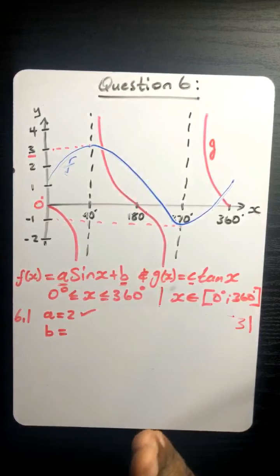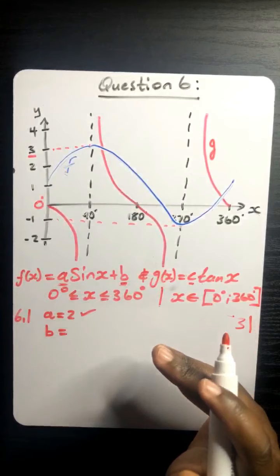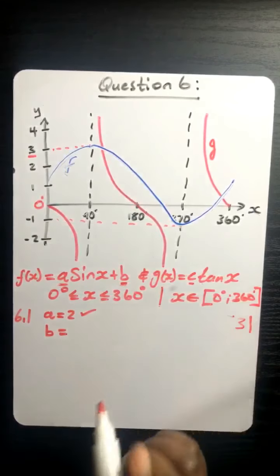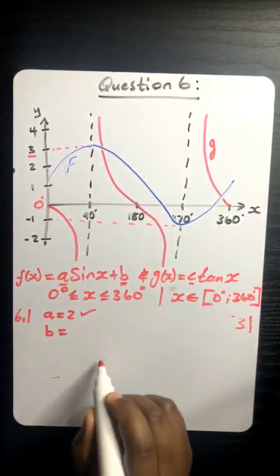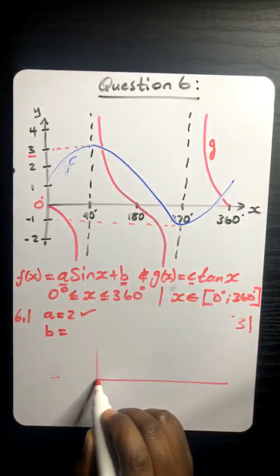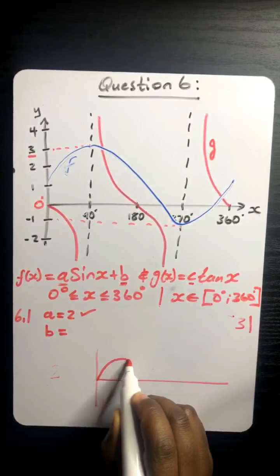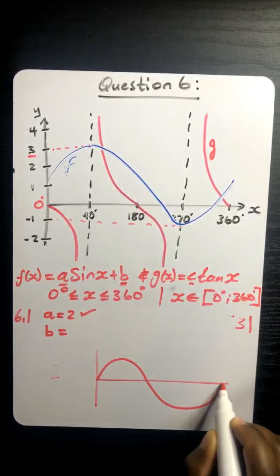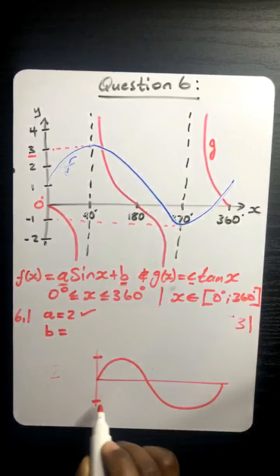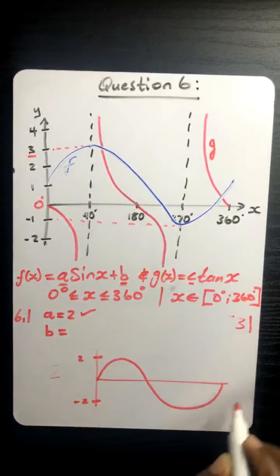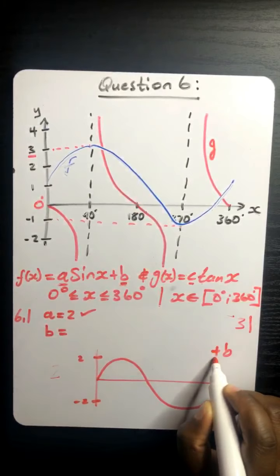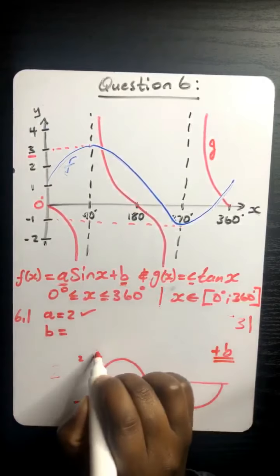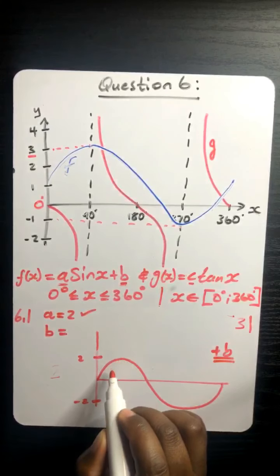If you want to know by how many units your function has shifted, you must first know the amplitude. Since we say the amplitude is 2, it means this function was actually having its maximum value at 2 and -2. Because there's a b value, which means it could shift up or downwards, you now need to check at your new maximum value.